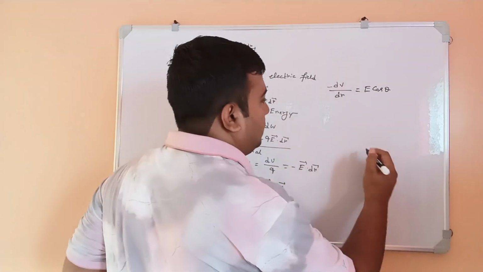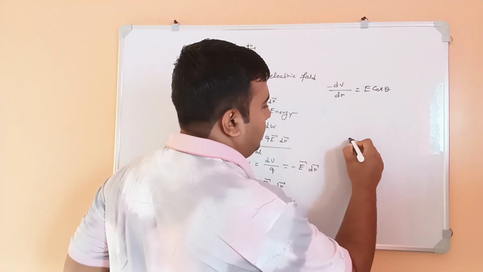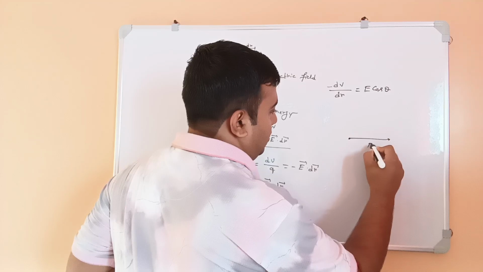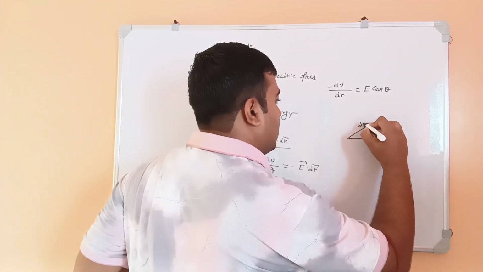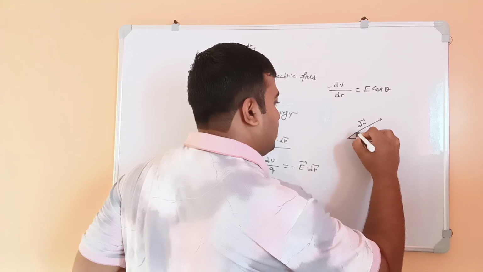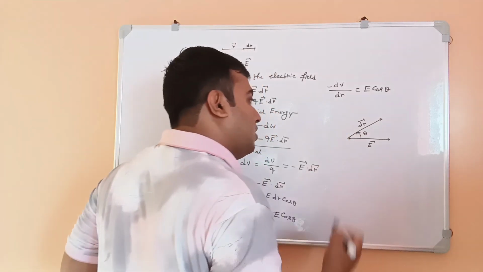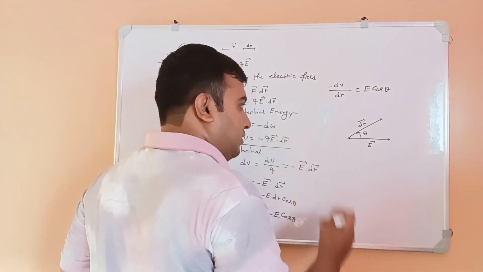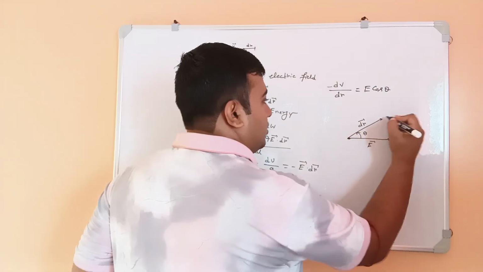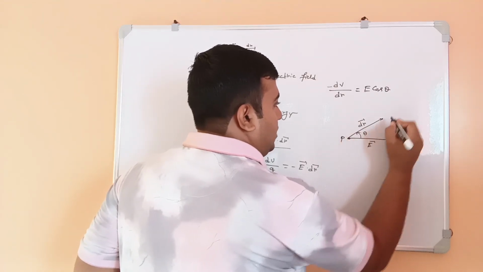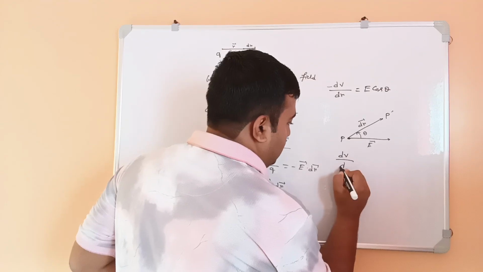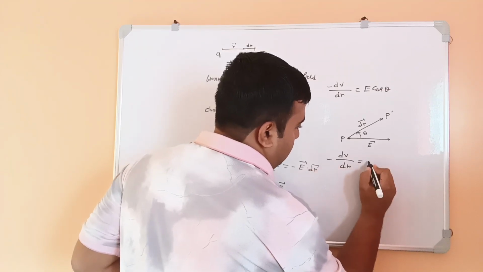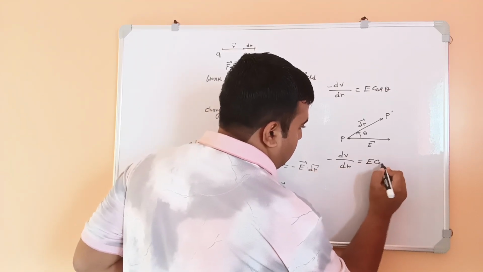So if this is the electric field, and this is the dr, and the angle between them is theta, then from point P to point P prime, minus dV by dr is equal to E cos theta.